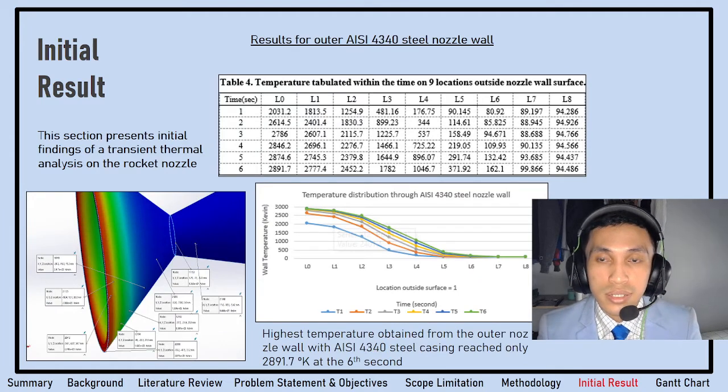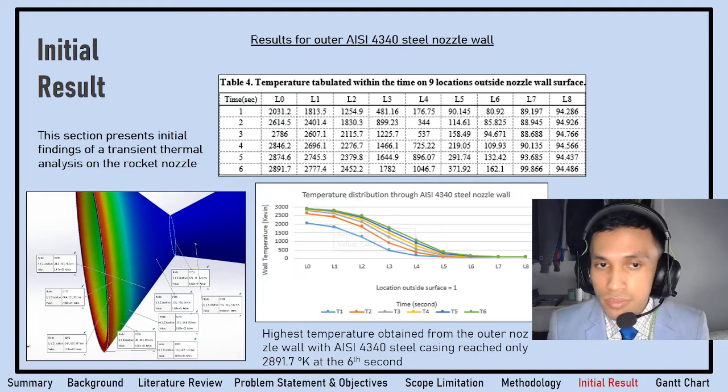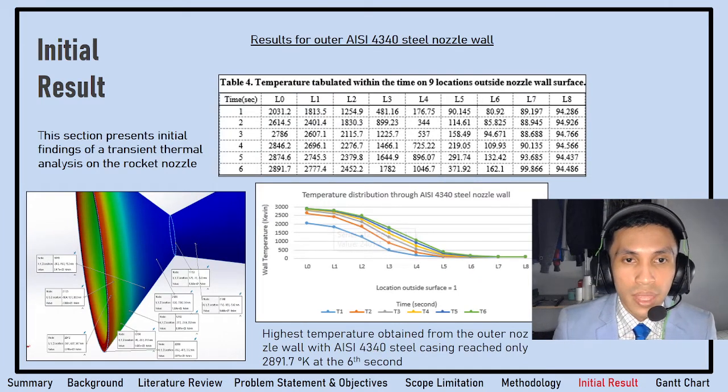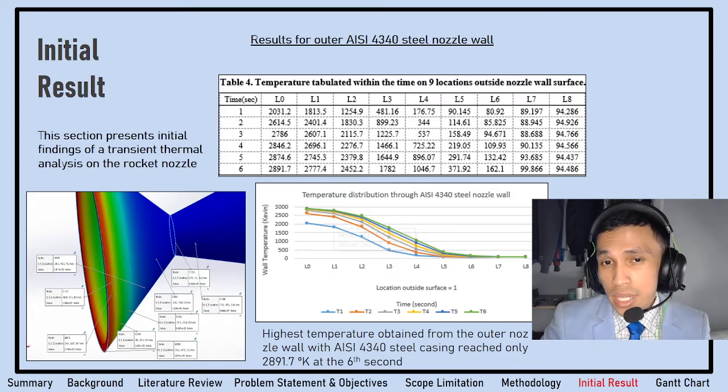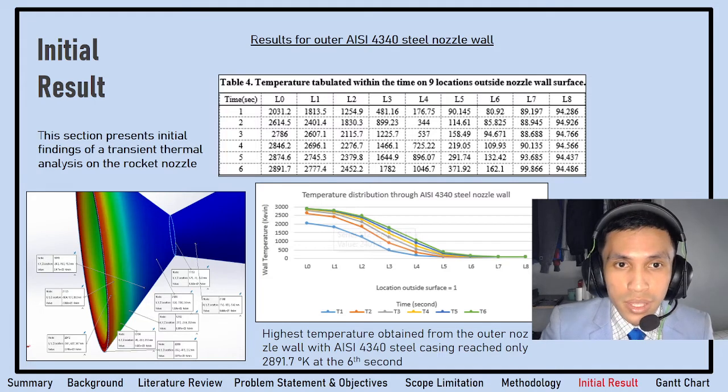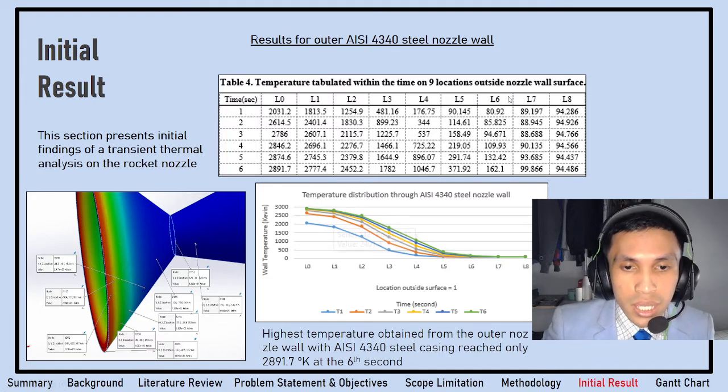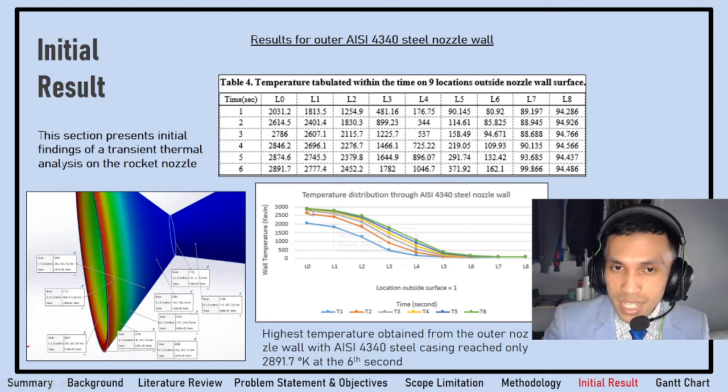Here is the result of the outer nozzle wall, which is the steel casing. It is observed that the highest temperature obtained from the outer wall with steel casing reached only 2891.7 Kelvin at the 6th second.